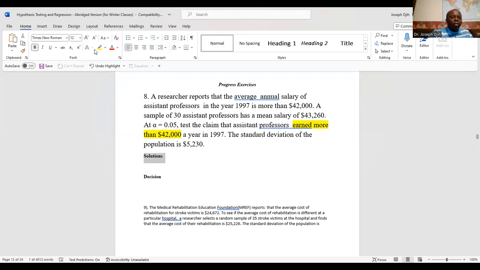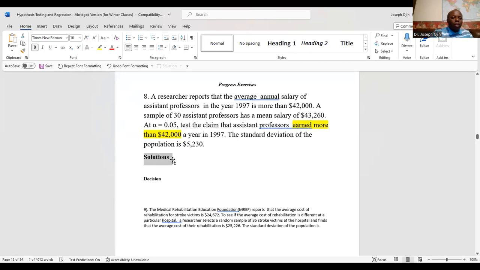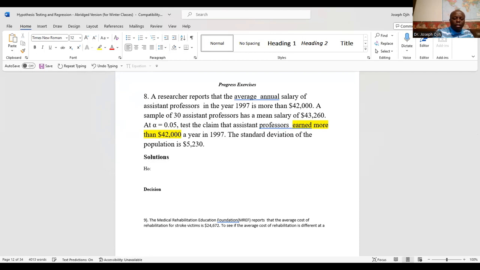Your null and alternative hypotheses are stated as follows. H0 and H1, like we did last week.